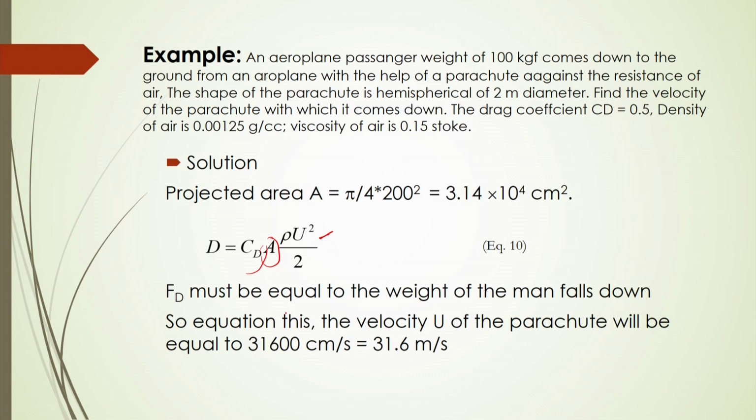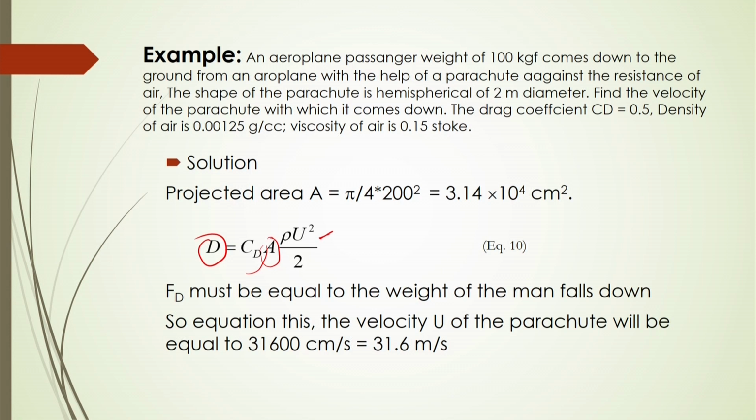Now, F D must be equal to the weight of the object, or in this case the weight of the man that falls down. So, in this case you have to calculate the velocity. This drag force will be equal to the weight of the man, and the weight of the man is given to you.